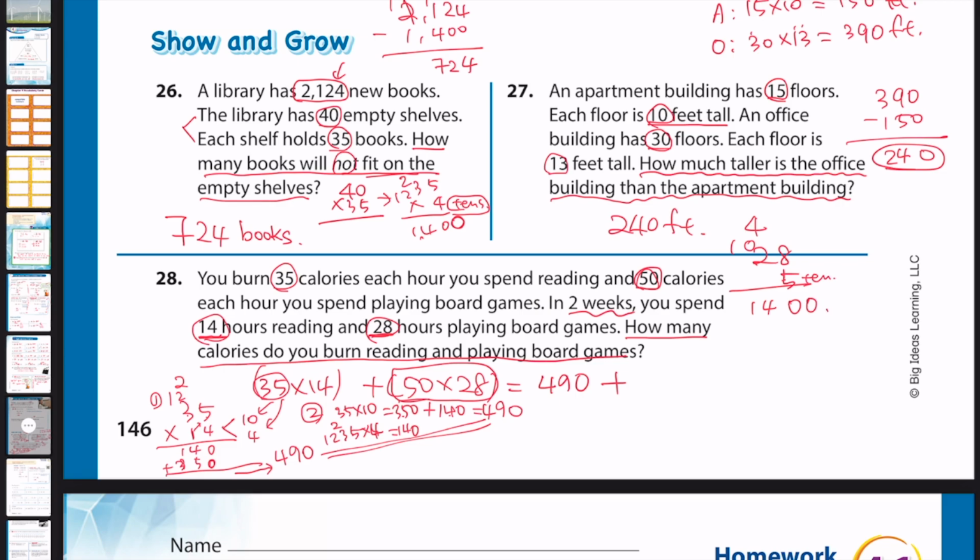You need to add one more 0. 1,400. Which means what? Okay, 1's place is what? 0, and 10's place is what? 9, and 100's place is 8 and 1,000. 890 calories. Okay, this is the answer.